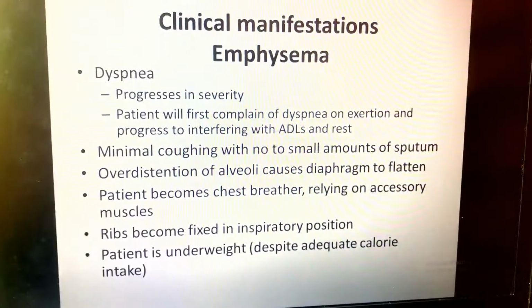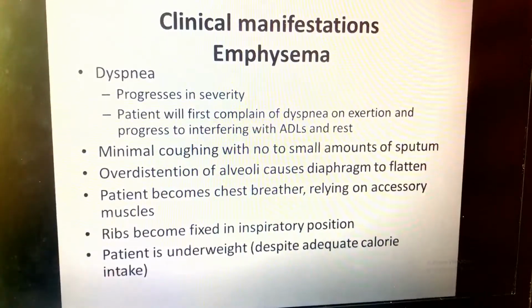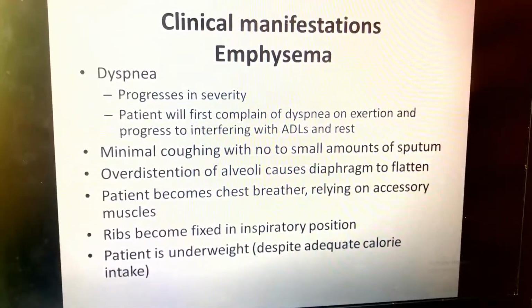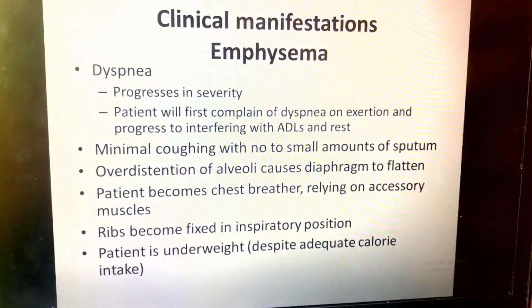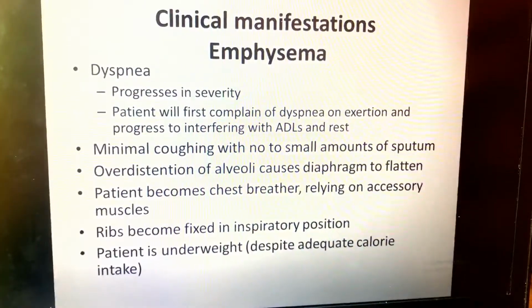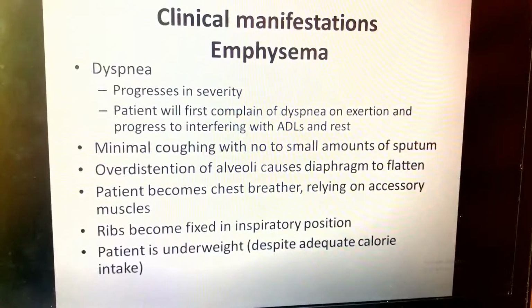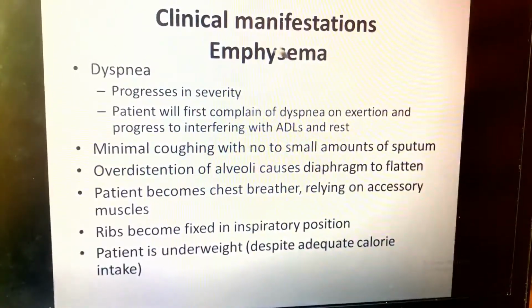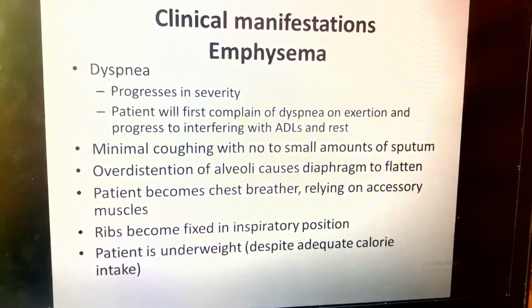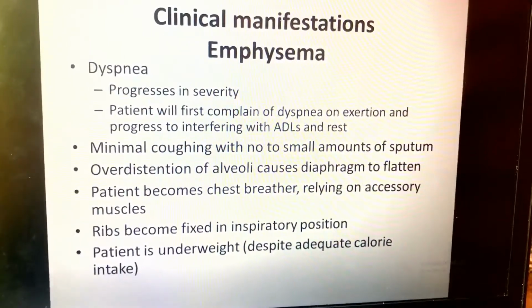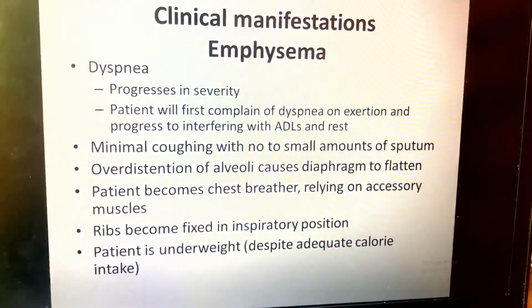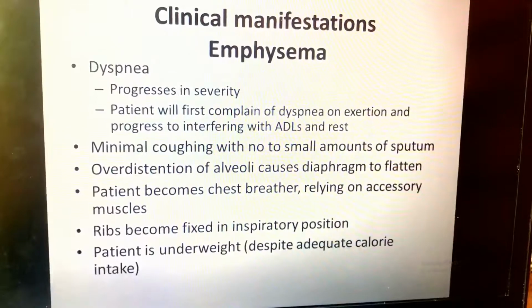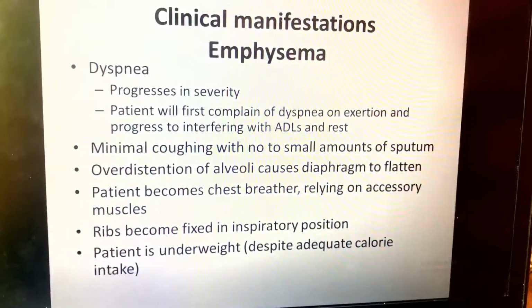Minimal coughing with a small amount of sputum. Overdistension of alveoli causes the diaphragm to flatten. The patient becomes a chest breather, relying on accessory muscles. Ribs become fixed in the inspiratory position. The patient is underweight despite adequate calorie intake.